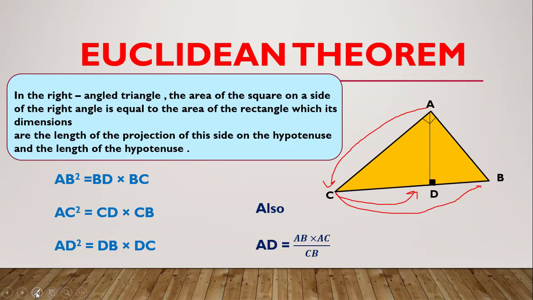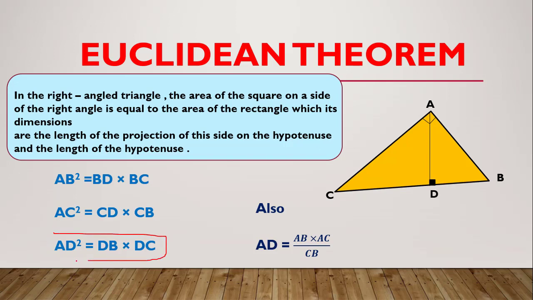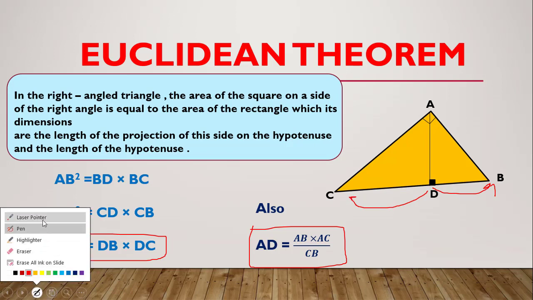Okay, so now we can calculate the length of any side of a right angle triangle using Euclidean theorem. Also, by using Euclidean theorem, we can calculate the length of the line segment drawn from the right angle to the hypotenuse by using one of the two rules. The first rule gives the square of the line segment AD: AD power 2 equals DB multiplied by DC.